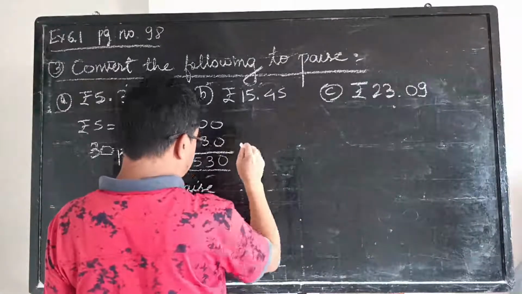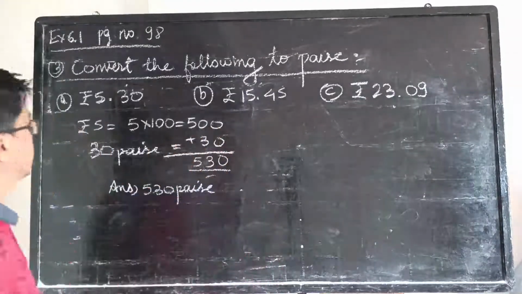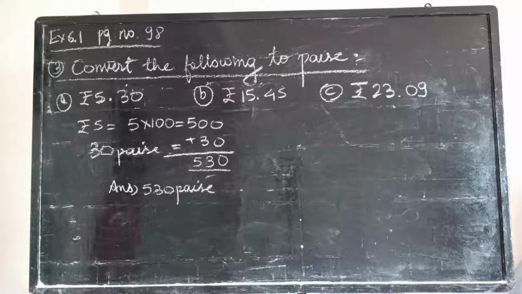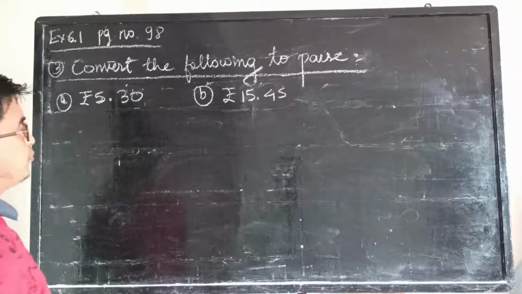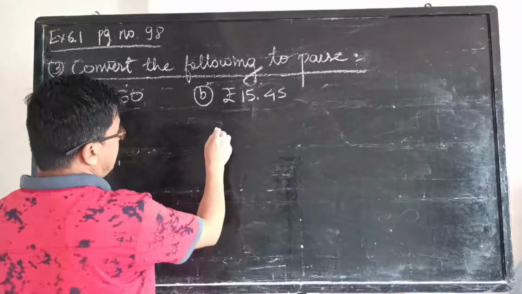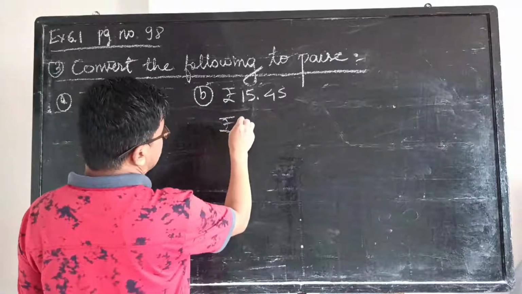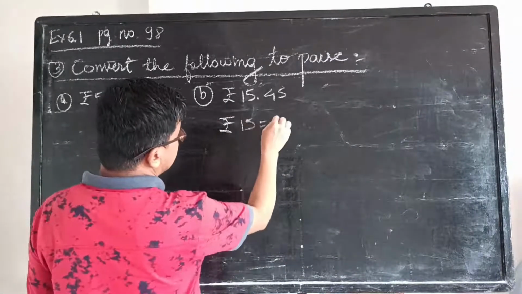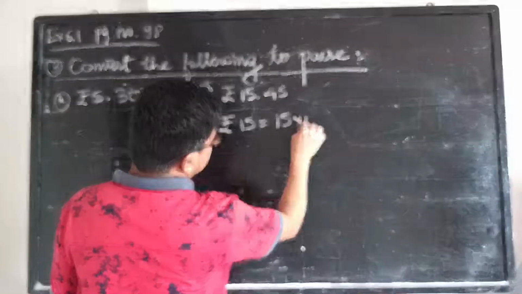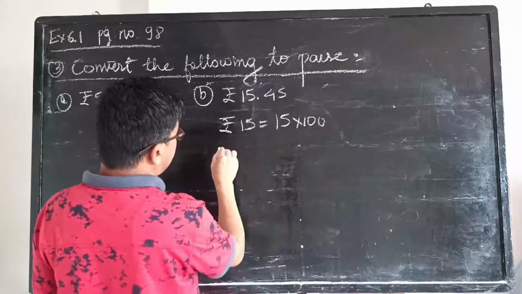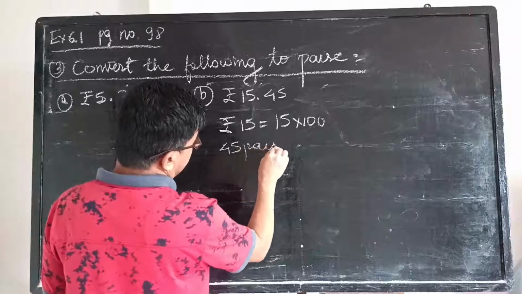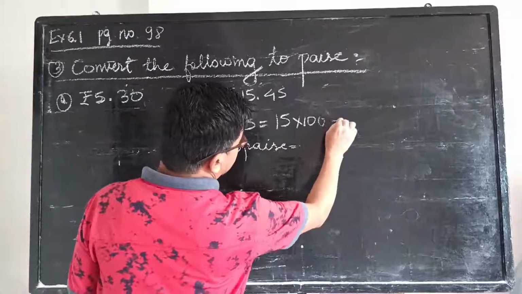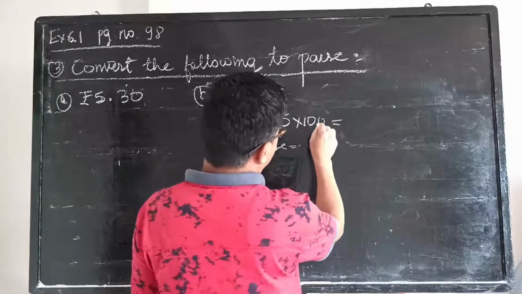Now next, rupees 15 and 45 paise into paise. I hope you understood this. Now convert this rupees 15 into paise. Rupees 15 is equal to 15 into 100, and 45 paise. Now look here.